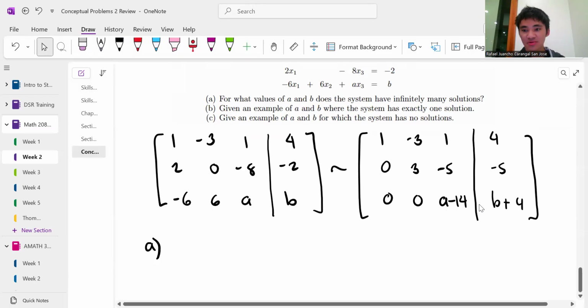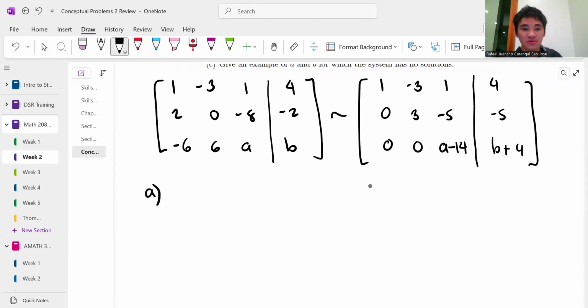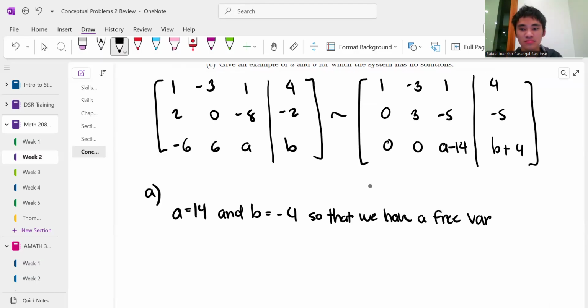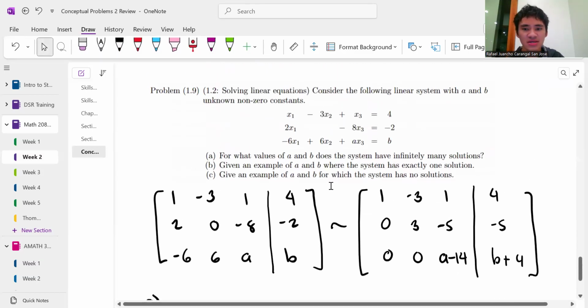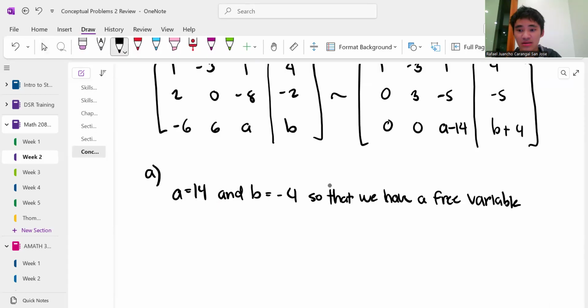We can make both of these equal to 0 because then x sub 3 would be a free variable. So that means A should be 14 and B should be -4 so that we have a free variable, and I believe the free variable is x sub 3.